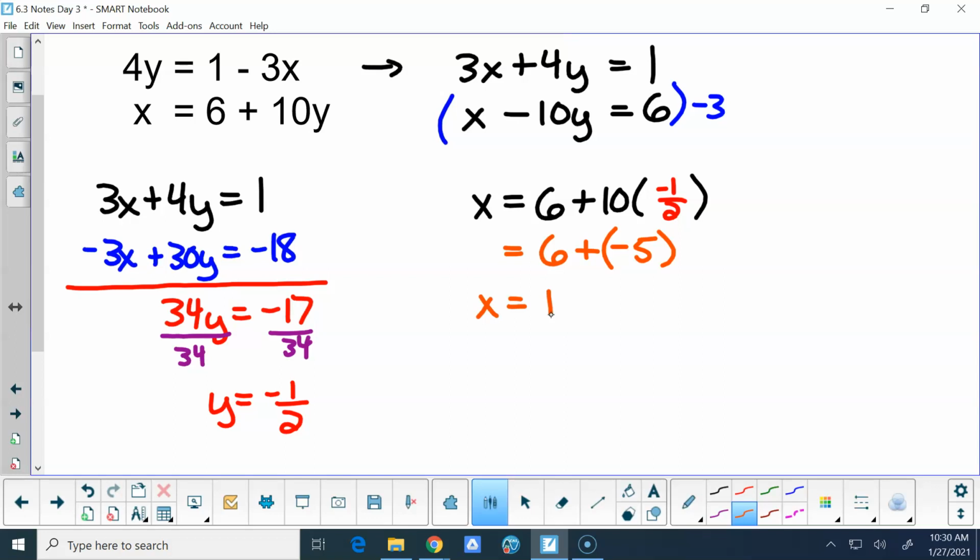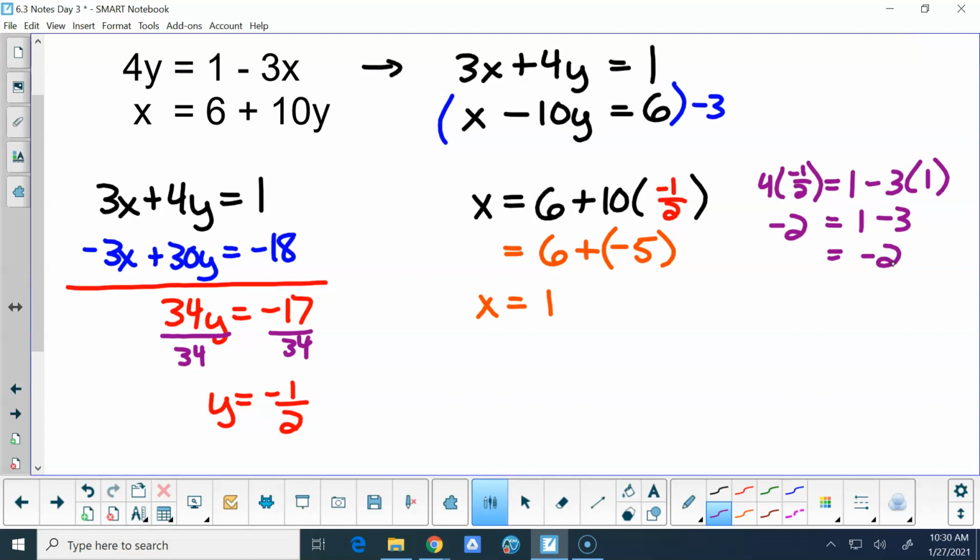Plugging back in on my check here now. 4 times negative 1/2 has to equal 1 minus 3 times 1. 4 times negative 1/2, that's negative 2. 1 minus 3 is also negative 2.